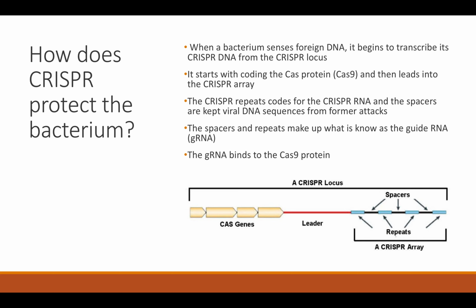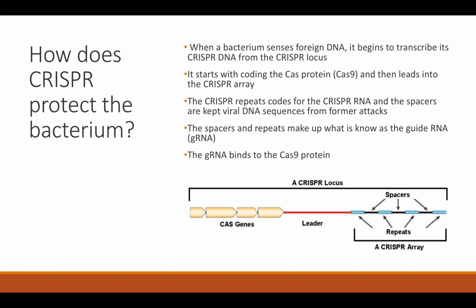So if this bacterium had been attacked by, say, this bacteriophage, it will keep that in a file, and it will come up and transcribe those genes in order to attach the CRISPR-Cas9 enzyme to it, and it will target the viral DNA to cut it. And when you cut up DNA, it can't replicate, so it destroys its purpose.